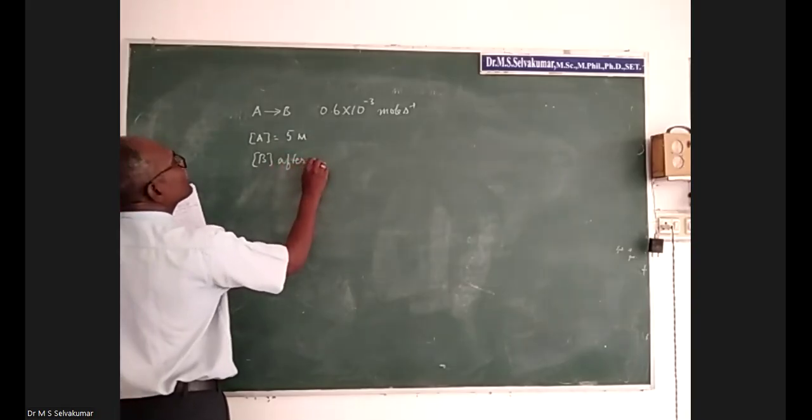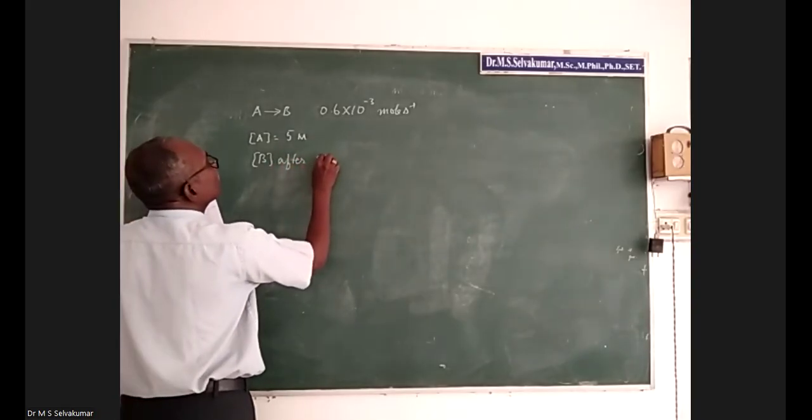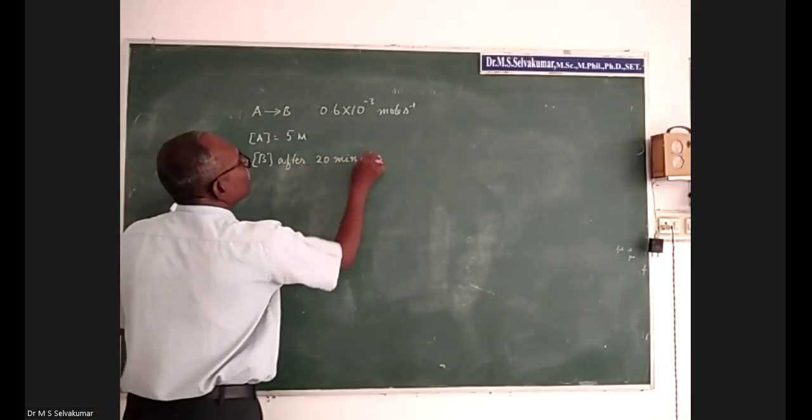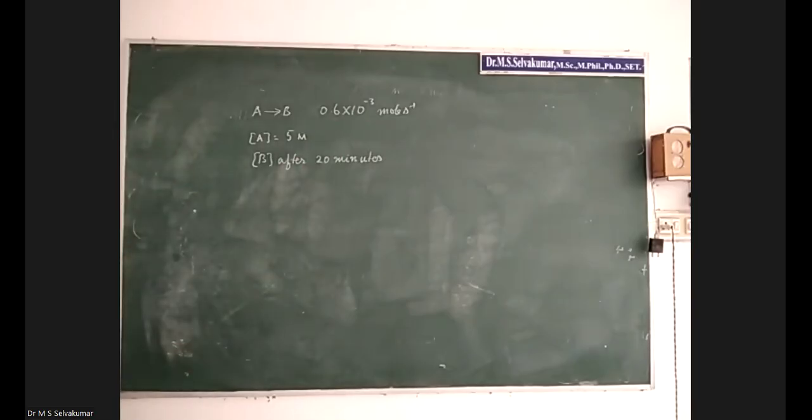The question appears a little confusing, but it is a very easy question. So the reaction is given, A becomes B, and the rate constant is 0.6 into 10 power minus 3 mole per second. If the concentration of A is 5 molar, what will be the concentration of B after 20 minutes? This is the question asked.